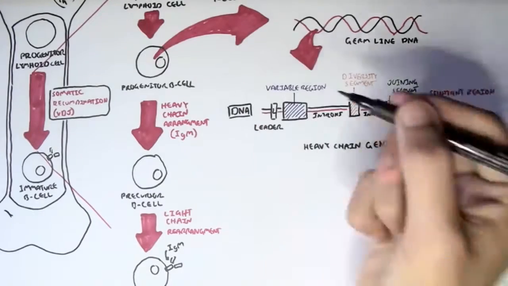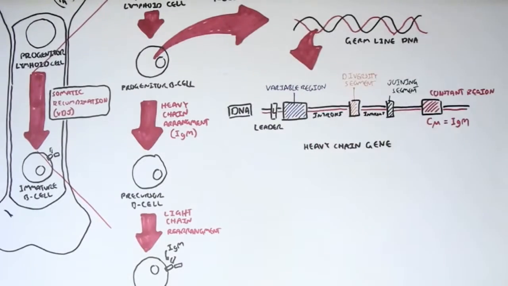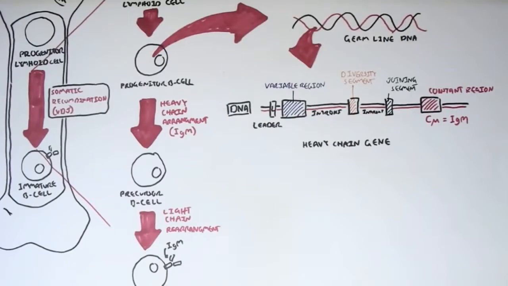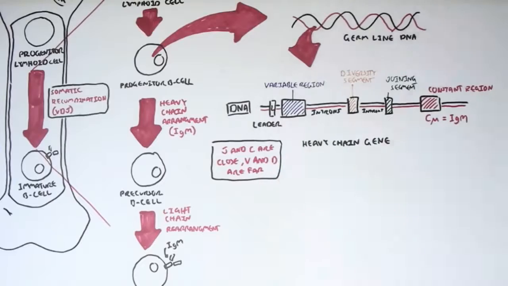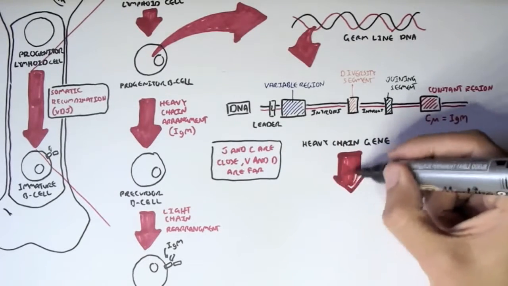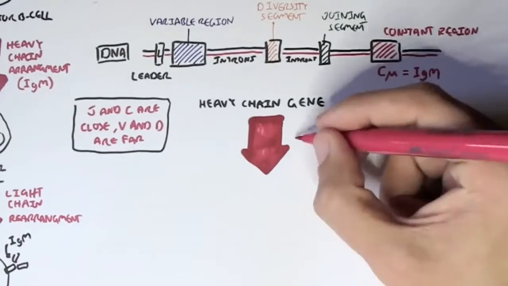And the DNA contains introns, obviously. So a point to make is that the J and C region are in close proximity. However, the variable region and the diversity region are far away from each other.